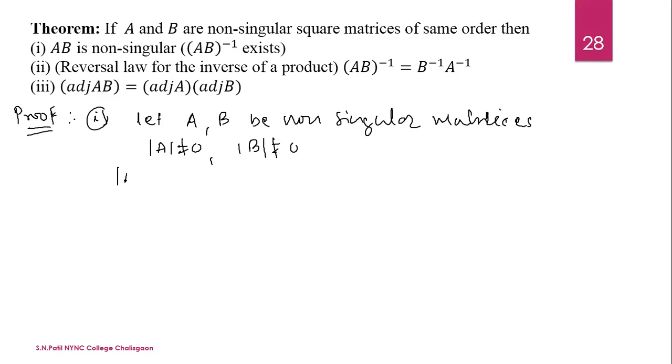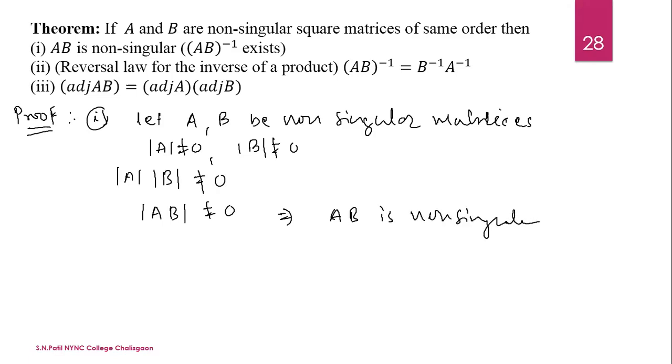So what will be their product? Determinant of A into determinant of B is definitely non-zero. So by the determinant property, it can be written as determinant of AB is non-zero. It implies AB is a non-singular matrix.